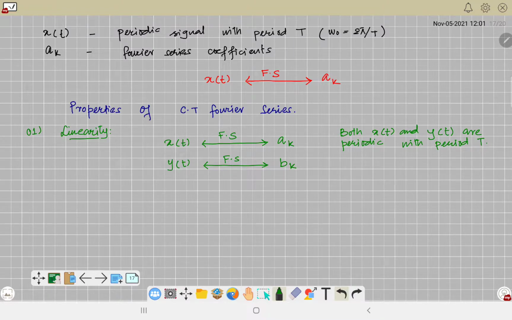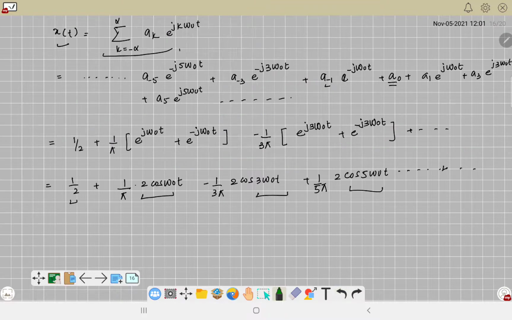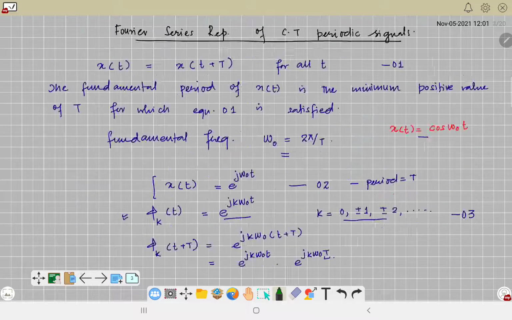Now since x of t and y of t have the same period, any linear combination of the two signals will also be periodic with the same period. When we started the discussion on the Fourier series, we did a bit of analysis wherein I expressed a simple exponential.